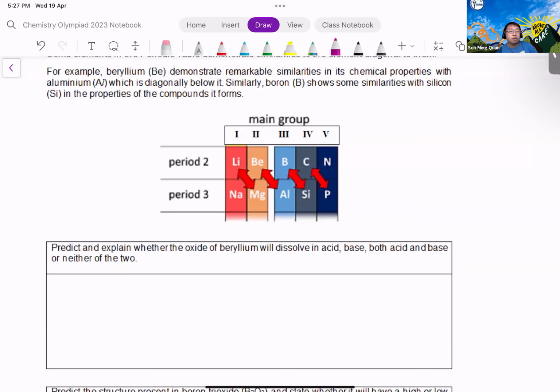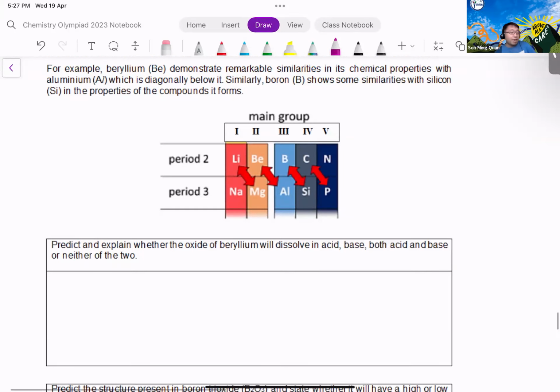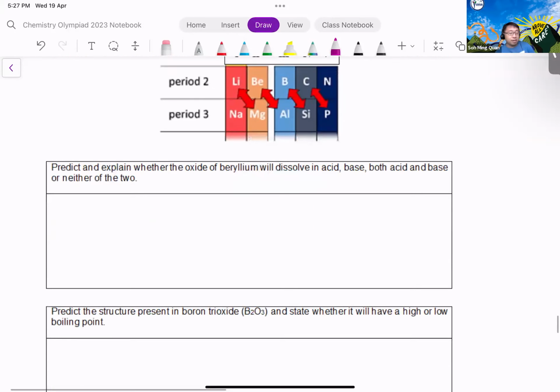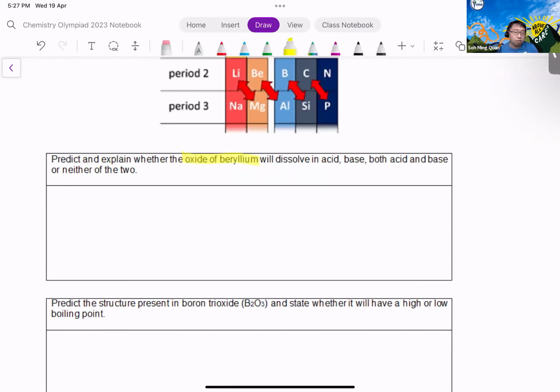All right. So now, if you know that beryllium and aluminium are similar, then you now have to decide how beryllium oxide will behave. Now, this we just learned under acids and bases, oxides. So you have learned 4 types of oxides: acidic, basic, amphoteric, and neutral. So beryllium oxide should be similar to aluminium oxide because we just said that they are linked by a diagonal. Beryllium and aluminium are similar. And because they are similar, we need to now ask ourselves, aluminium oxide is an example of which type of oxide?